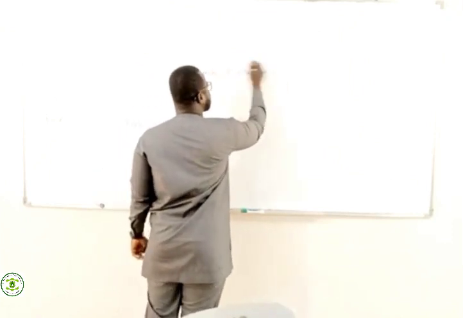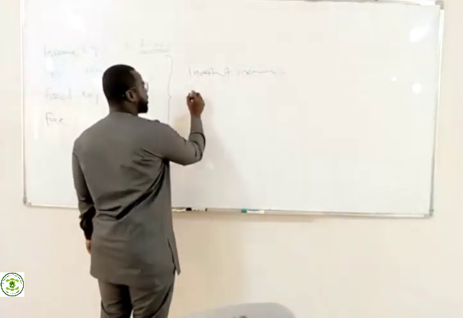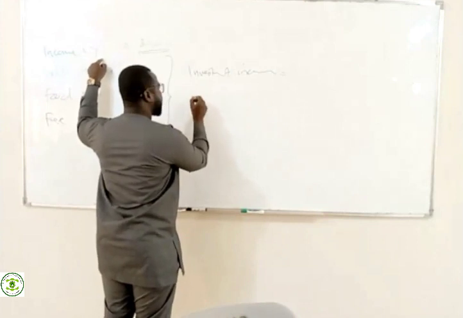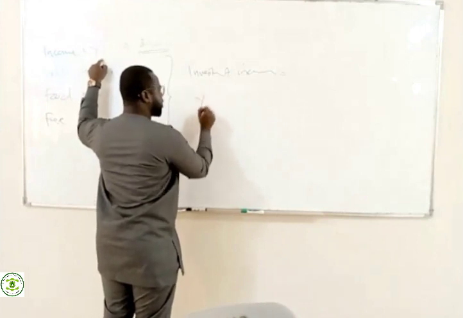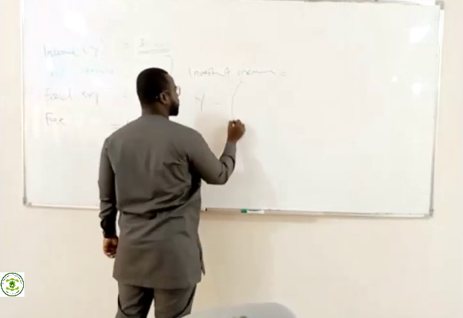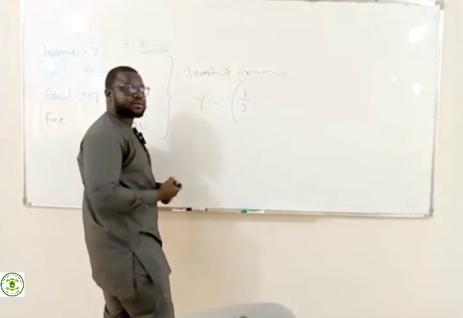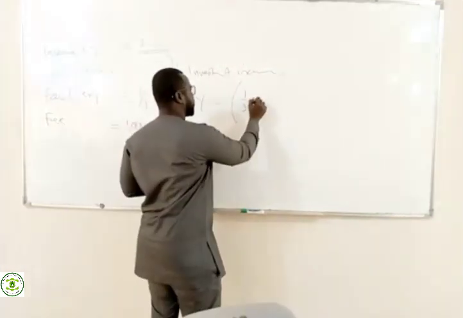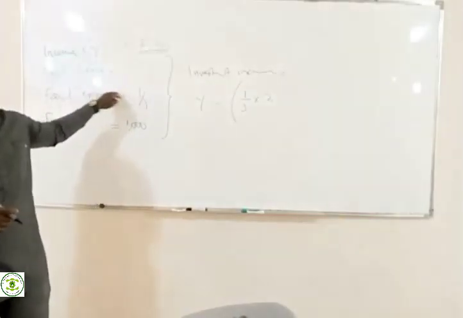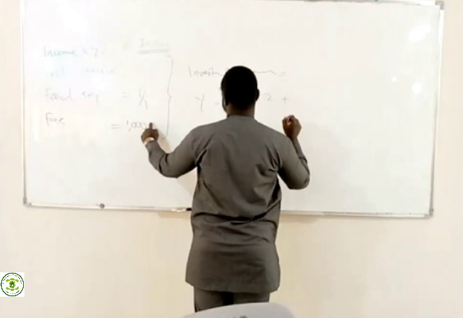The overall investment income will be the total income, minus one third times 2, because it is the same fraction for debt and food, plus 1,000.